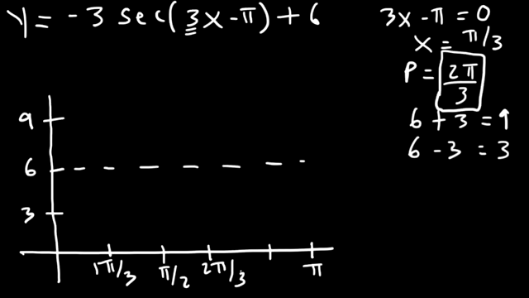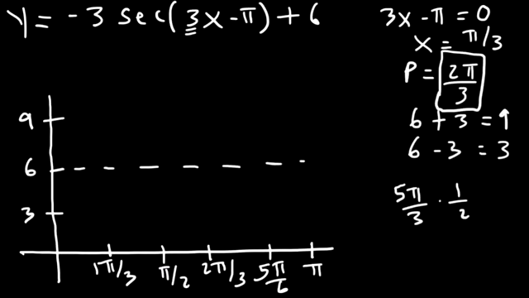Now between 2 pi over 3 and pi, what is this value here? First, let's add 2 pi over 3 plus pi. 2 pi over 3 plus 3 pi over 3, which is pi, that's 5 pi over 3. Next, divide 5 pi over 3 by 2. To divide by 2, multiply by a half. So this is 5 pi over 6.